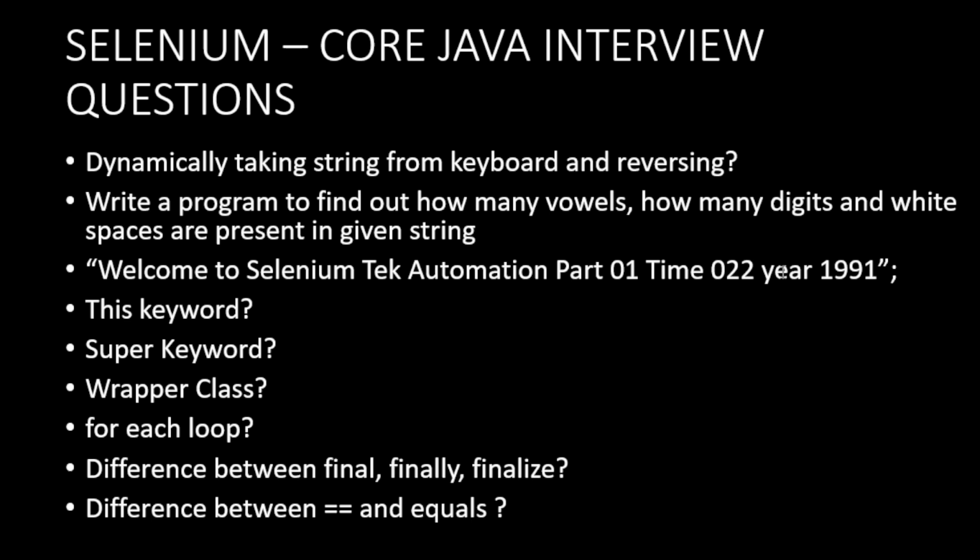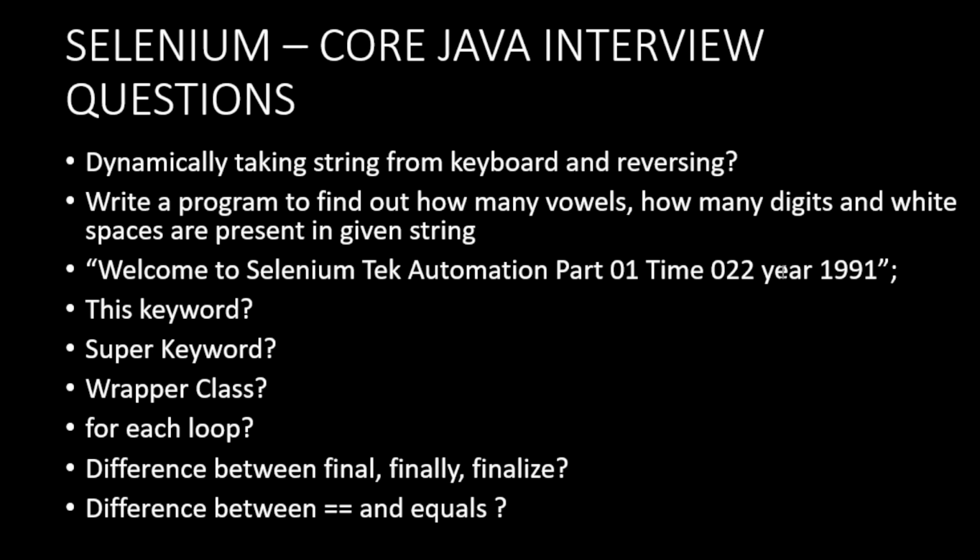The super keyword is a reference variable that is used to refer to the parent class object. Here members are variables, and there are also some super constructors as well. Okay, that is about the super keyword.